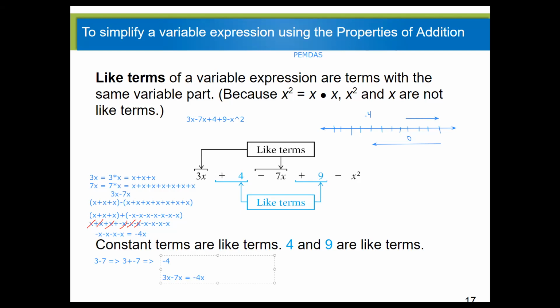I hope showing it super blown up like that makes sense to you and connects a bit. Because once you understand these rules at an automatic level, this stuff becomes super easy. And then take what we just did with the x's and apply that to plus 4 plus 9.